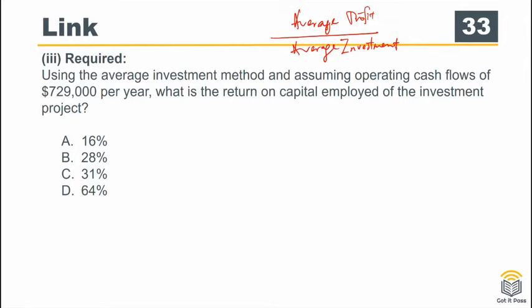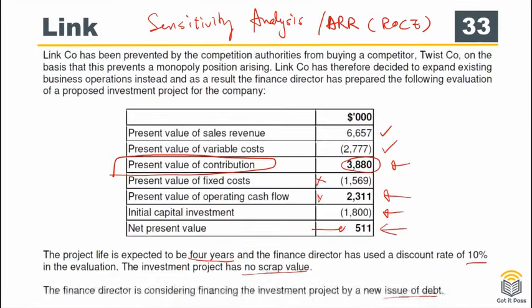And first of all, we need to find out the profit. We are given 729,000 per year as the operating cash flows, and we need to find out the depreciation per year. Here, the background information is the initial investment is 1.8 million with a 4-year life and no scrap value.